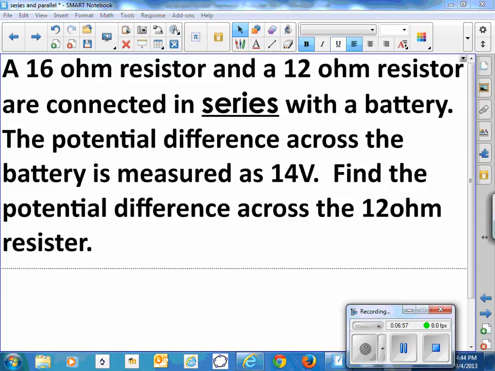Series is a little different. Let's say we have a 16 ohm resistor and a 12 ohm resistor connected in series with a battery. The potential difference across the battery is 14 volts. Find the potential difference across the 12 ohm resistor.